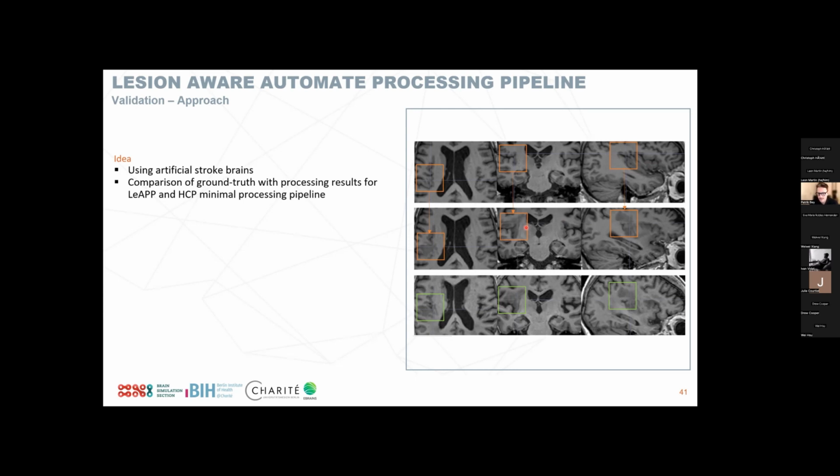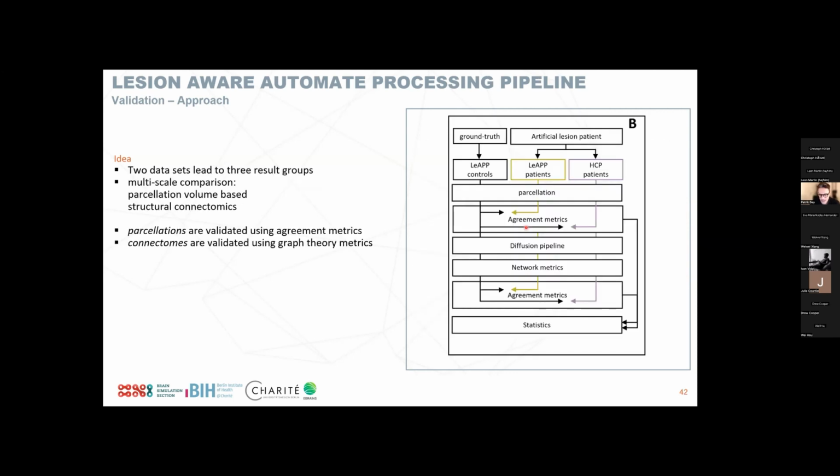So we removed all of the data where this random combination of healthy control and patient ended up with an artificial lesion that was directly identifiable as artificial, and we ended up with a total of 82 artificial lesion brains that we can then use to perform validation of our pipeline.